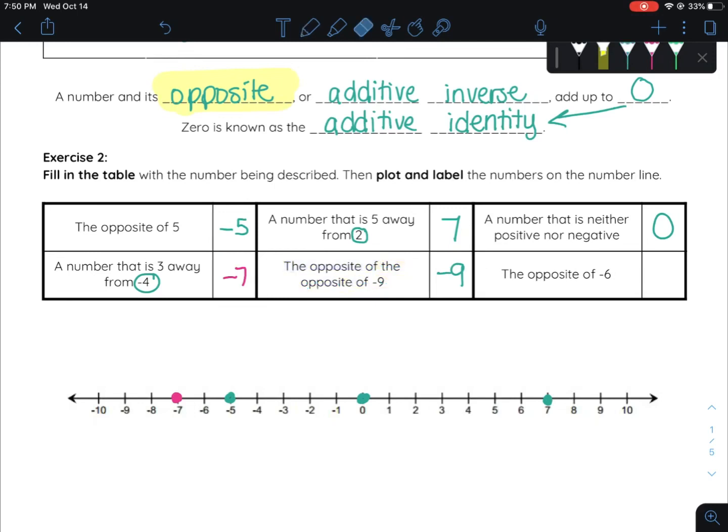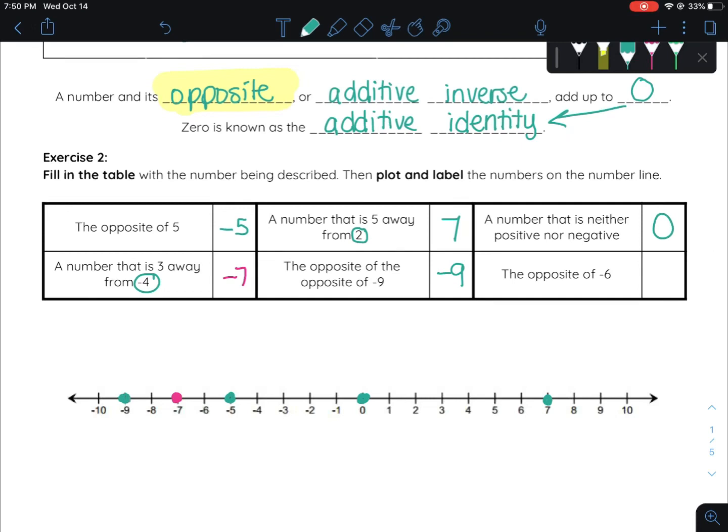Notice that in this case, when we did 2 opposites, we got back to the number we started with. They're the same. So 2 opposites actually sort of cancels out and brings you back to where you were before. Okay? All right, and then let's label -9.